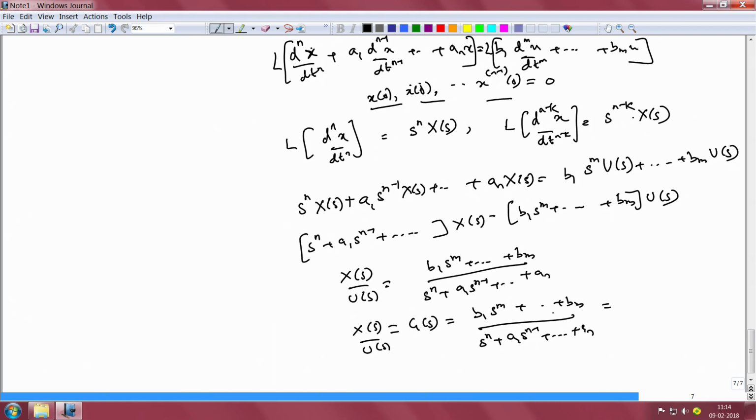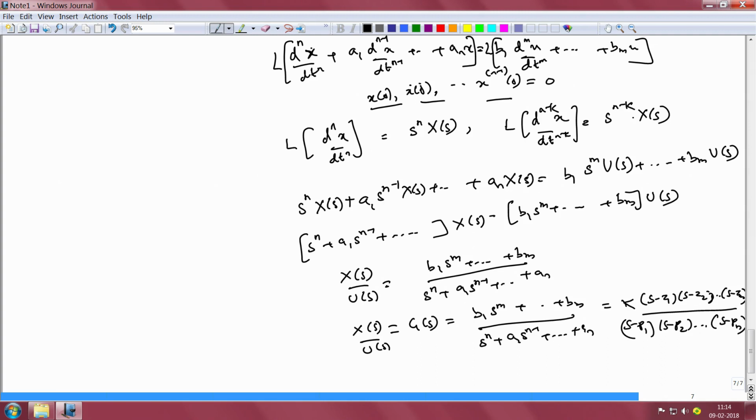Since I have the ratio of two polynomials as a transfer function, I can factorize these two polynomials and essentially write my G(s) as some constant k times (s minus z1) times (s minus z2) and so on up to (s minus zm), divided by (s minus p1) times (s minus p2) and so on up to (s minus pn), where p1, p2, up to pn are the roots of the denominator polynomial, and z1, z2, up to zm are the roots of the numerator polynomial.